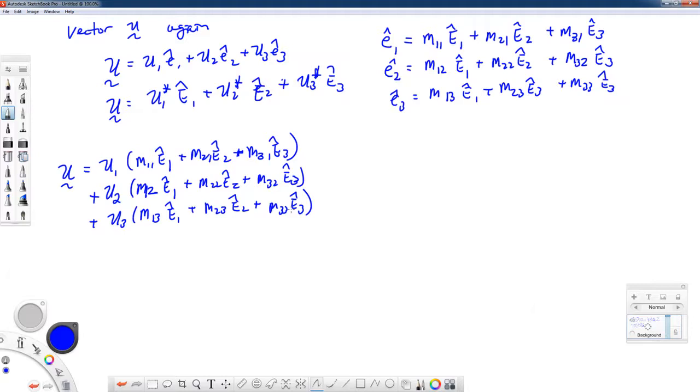Now, instead of writing these this way, I'm going to do a little bit of manipulation, and I want to group all the capital E hat terms. So when I do that, I'm going to have a u1 times m11 plus a u2 m12 plus a u3 m13, and then I have the capital E hat 1.